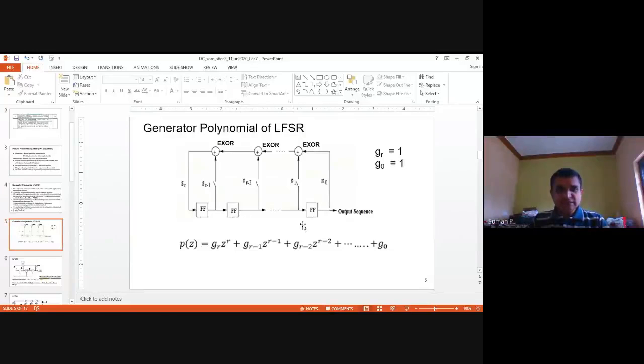The idea here is the input is governed by a GF of 2 combination, not our normal algebraic linear combination, of other flip-flop outputs.